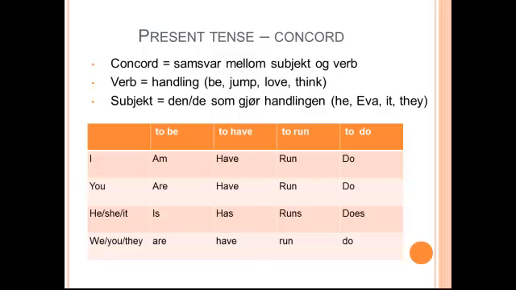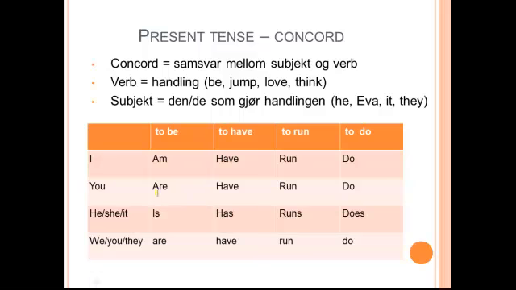Now, in this table you see a few of the most common verbs, like to be and to have. And as you can see, or hopefully you can see, they have different forms in different times.